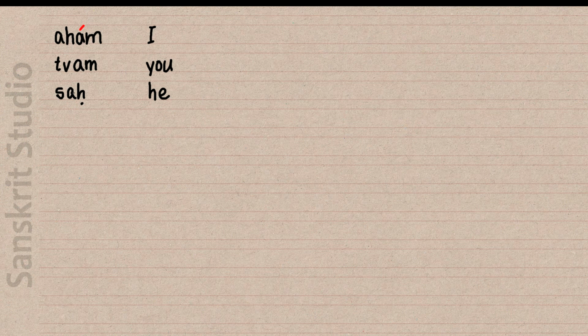In this case we have an A here, and then we should echo this A slightly, not as loud as the first A, but it should be audible. You should be able to hear it. That's the peculiarity of this letter, which is called a visarga.